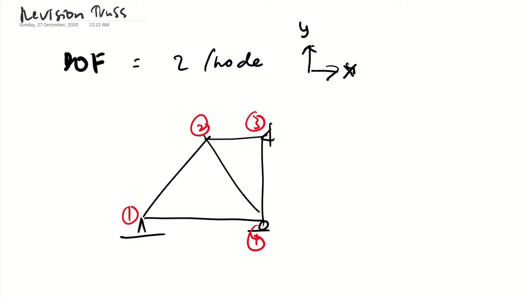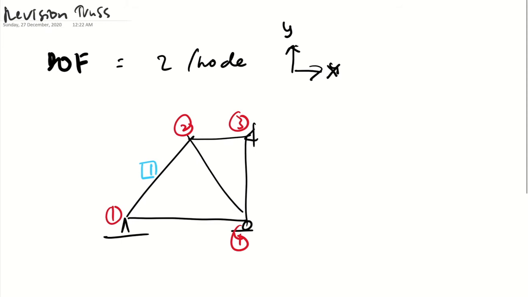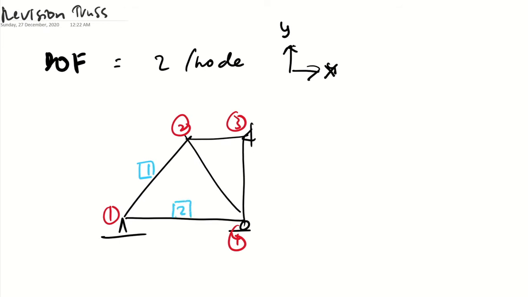And we have how many elements? Element number 1, element number 2, element number 3, element number 4, element number 5. So there are 5 elements.